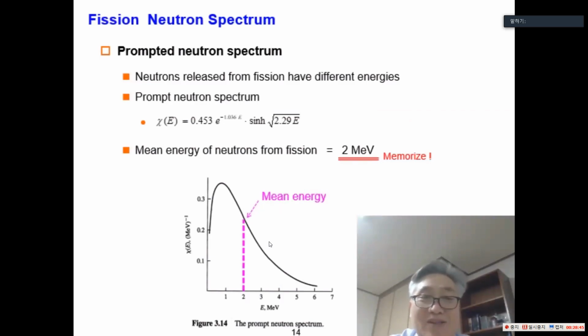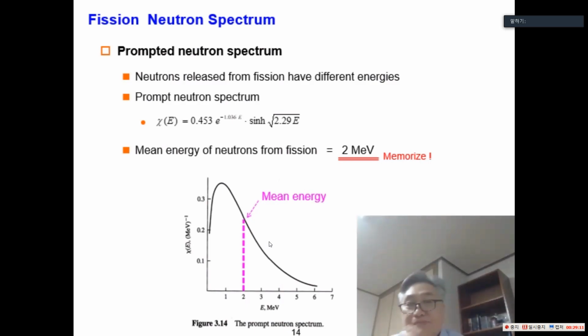Again, we learned neutron spectrum. So this is a Maxwellian distribution. Actually, the average mean energy of neutron from fission is 2 mega electron volt. You have to memorize this number, 2 MeV.